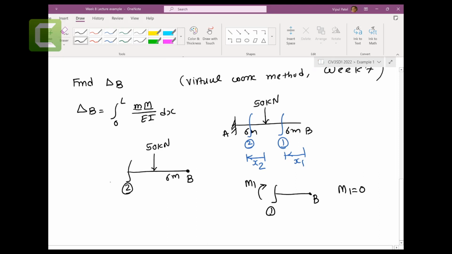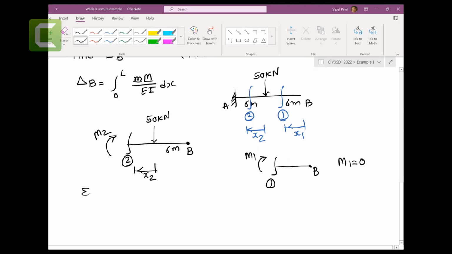Cut number 2, let's say M2, and this is X2. In that case, sum of the moment at cut equal to 0, anti-clockwise positive: minus 50 kilonewtons times X2, minus M2 equal to 0, M2 equal to minus 50 X2.